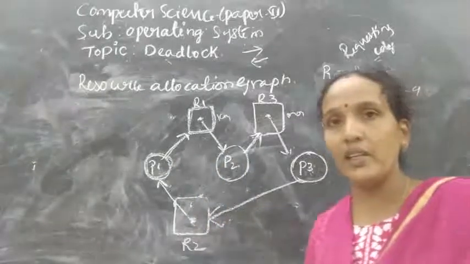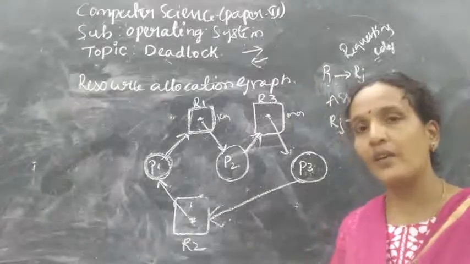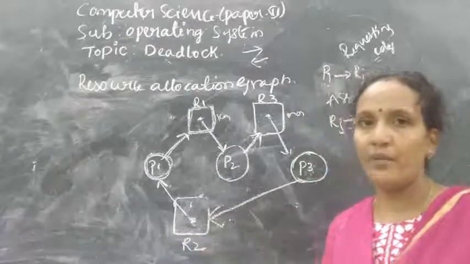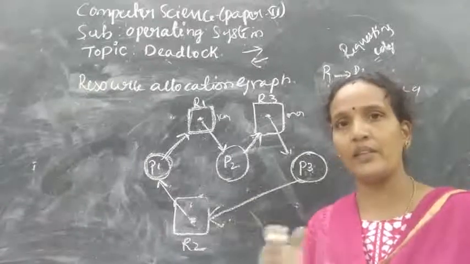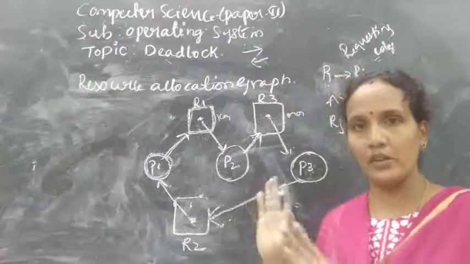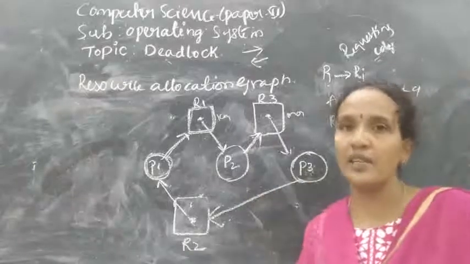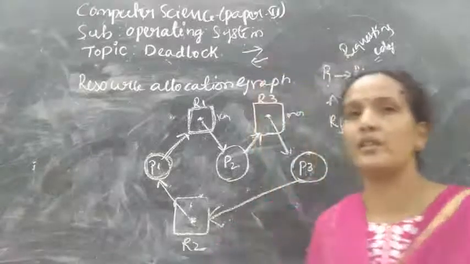So the resource allocation graph is also one of the methods. Using that method, you can decide whether there is a deadlock in the system or not. Means if you find any one of those four conditions, mutual exclusion, hold and wait, circular wait and no preemption, in the resource allocation graph, then you can say that the system contains a deadlock.